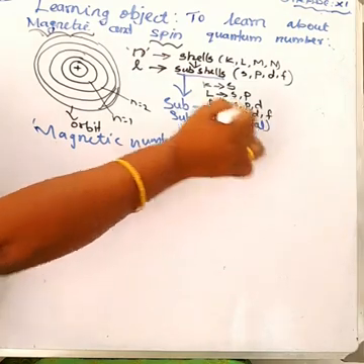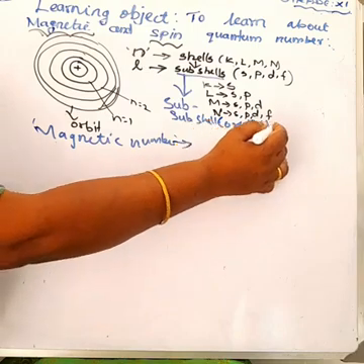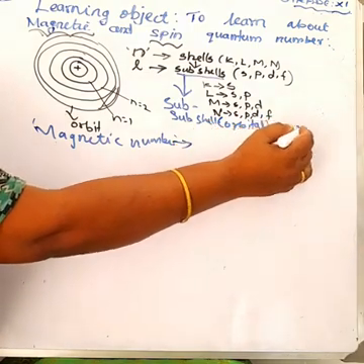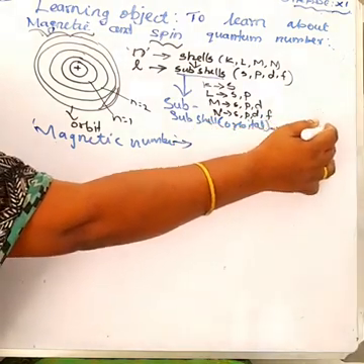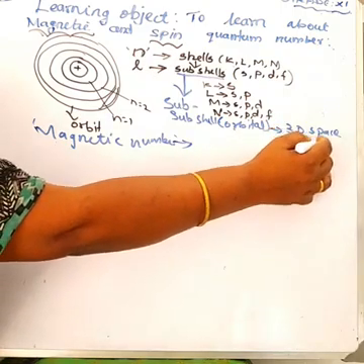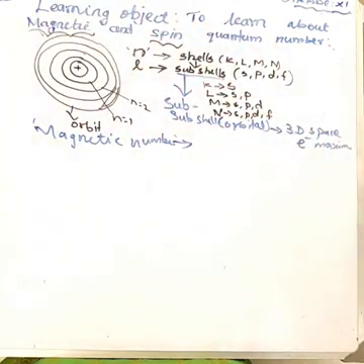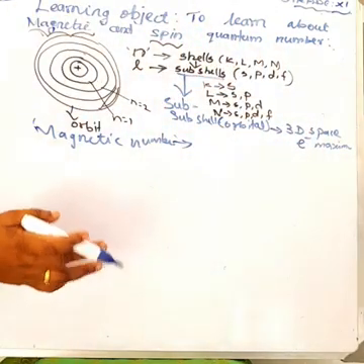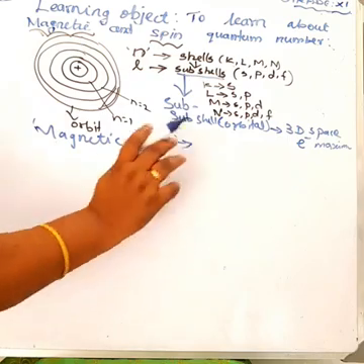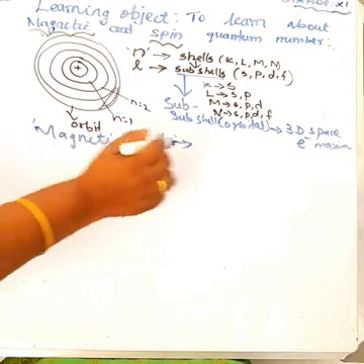What is an orbital? An orbital is the three-dimensional space in which the probability of finding an electron is maximum. That space we call an orbital.